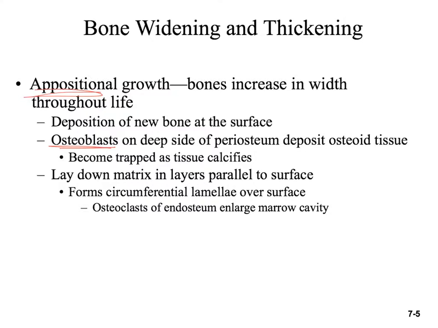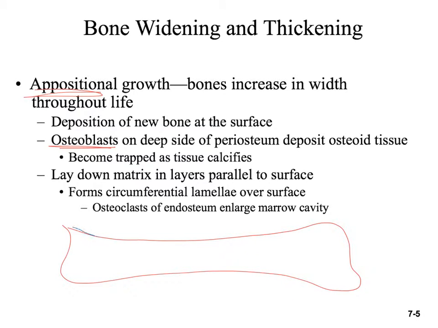which then becomes trapped as the tissue calcifies. So I'm just going to draw a little picture for you to maybe help you out with that a little bit. If this is our bone, if you remember, the periosteum is a layer of connective tissue that surrounds the bone, and what happens is the osteoblasts are present on the deeper side of that periosteum.